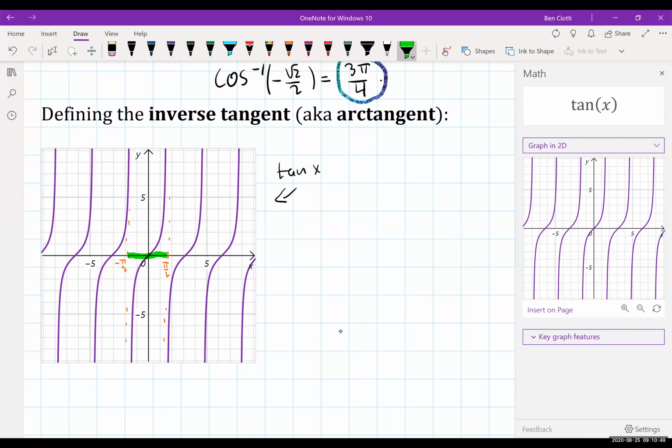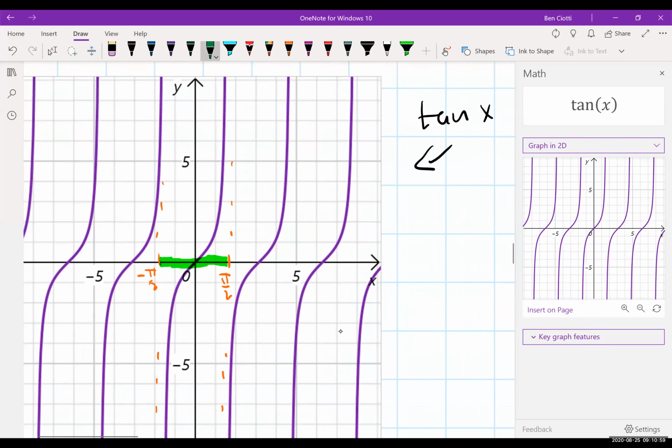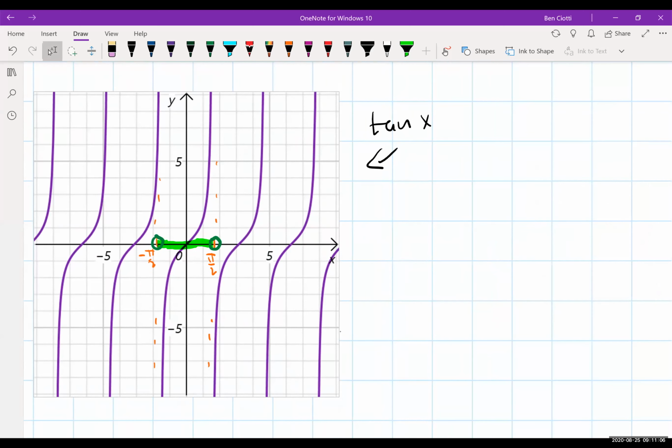And because of the asymptote, it's not actually defined at plus or minus pi over 2. So actually, the domain can't even include the endpoints, which is why here's the definition.